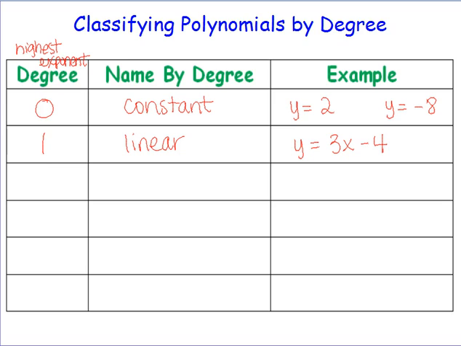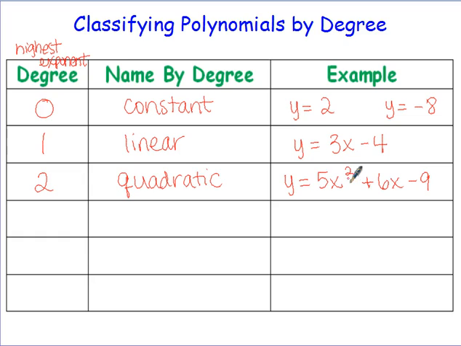When we move up to a 2, we call it quadratic. This is the unit we just finished. Quadratics, y equals 5x squared, because you have to have an x squared because the degree is 2, plus 6x minus 9.